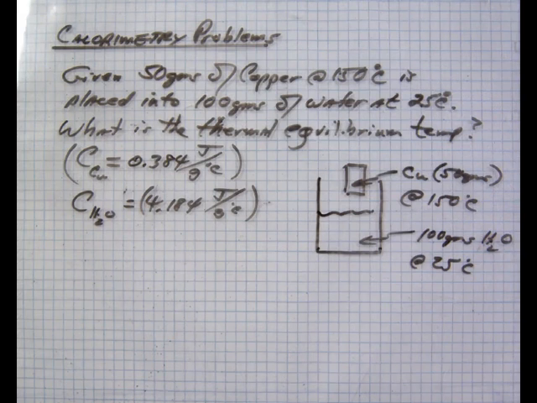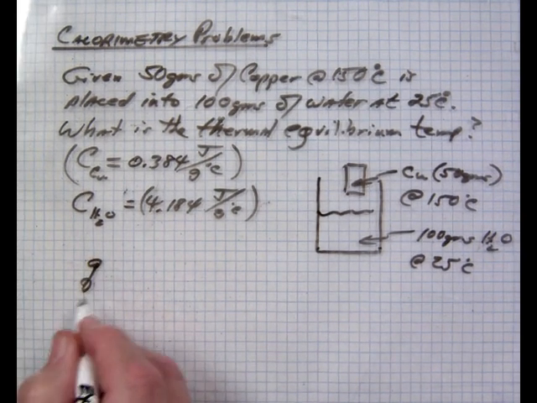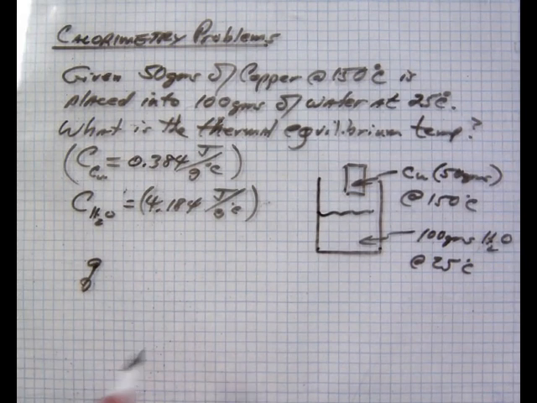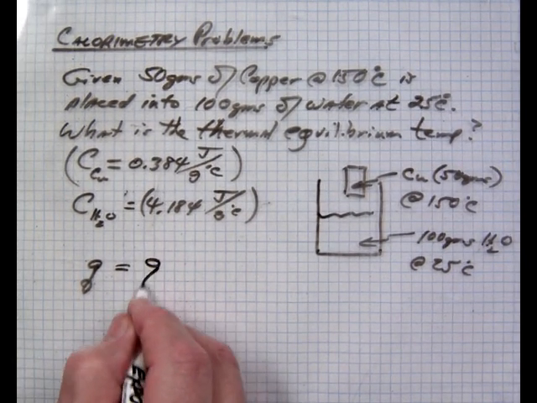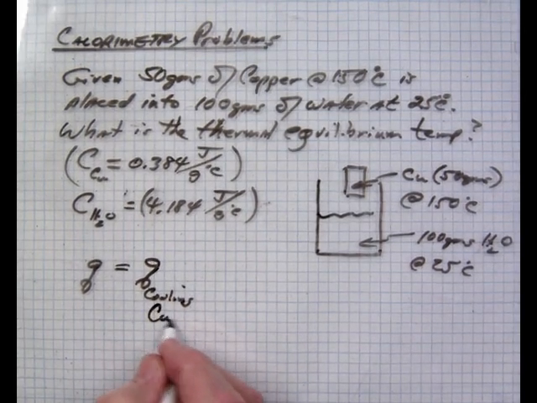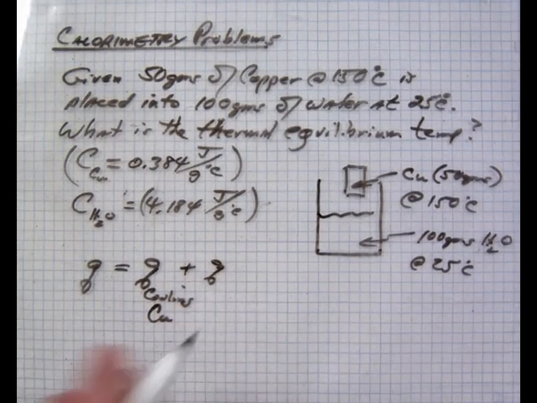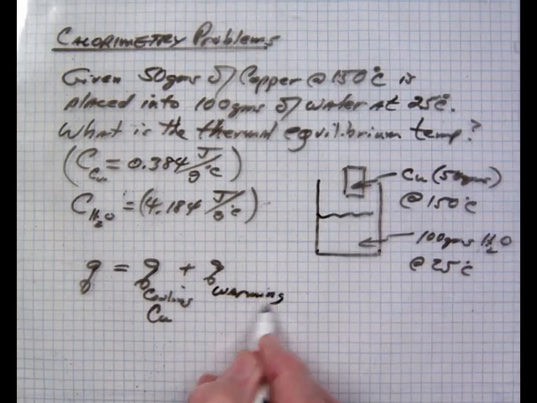Well, there is no melting or freezing involved in this. You're cooling the copper sample, and you're warming the solvent, water. That's only two issues. So the Q that you're trying to calculate is the Q for cooling copper plus Q for warming water.